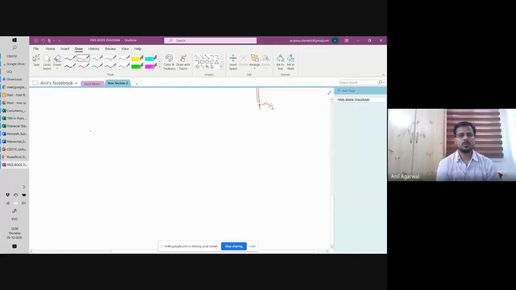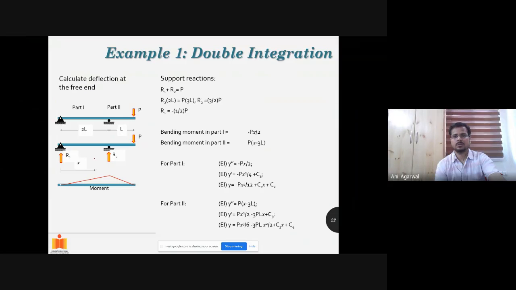Okay. So the problem is given as this. There is a load acting here, right? The first part is 2L long and the second part is L long, and a force P is acting at the free end. We can call it part 1 and part 2, or member A, B, C or something.